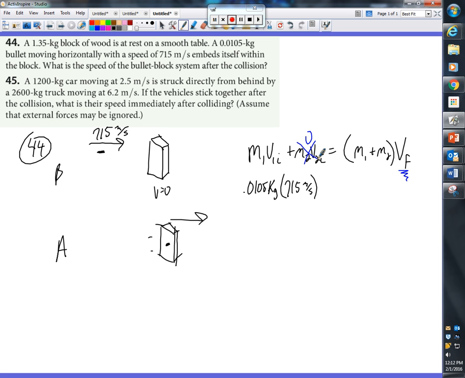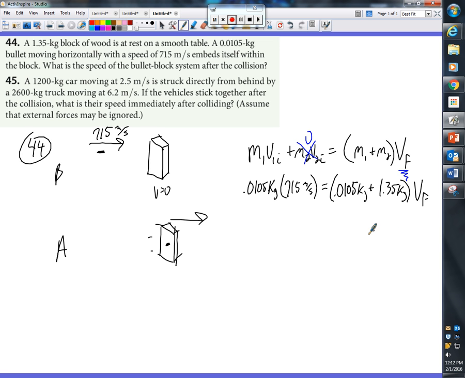Again, the wood block is not moving, so it has no momentum. Then combine the masses, 0.0105 kilograms, plus the mass of the block, which is 1.35 kilograms, then multiplying by v final.